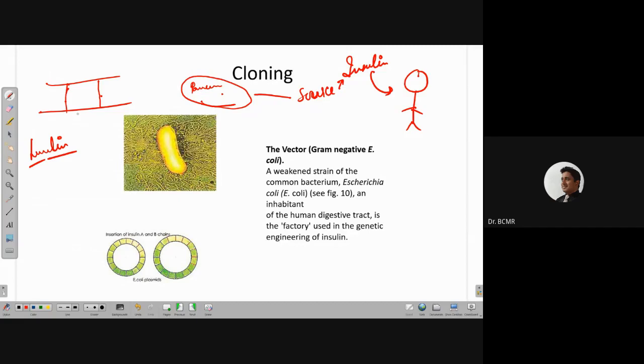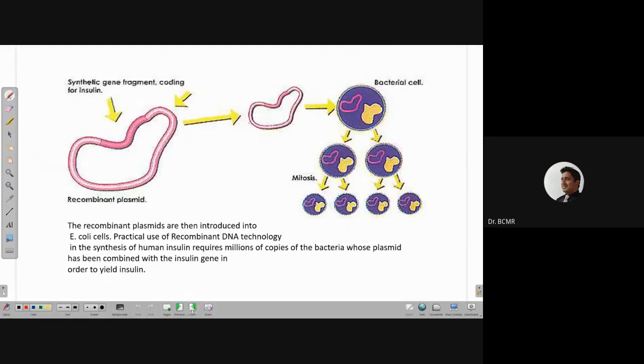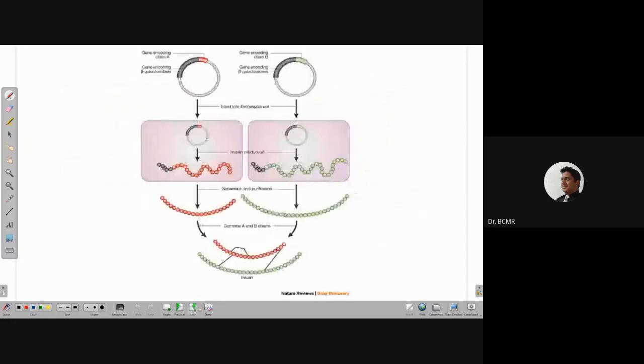And for that, how to make use of it? People have built vectors, and into the vectors, they have put the insulin chain A or chain B, and they produced the chains, and then they try to allow the formation of disulfide bonds. That did work for a long while. I think even now, this is kind of what they do.